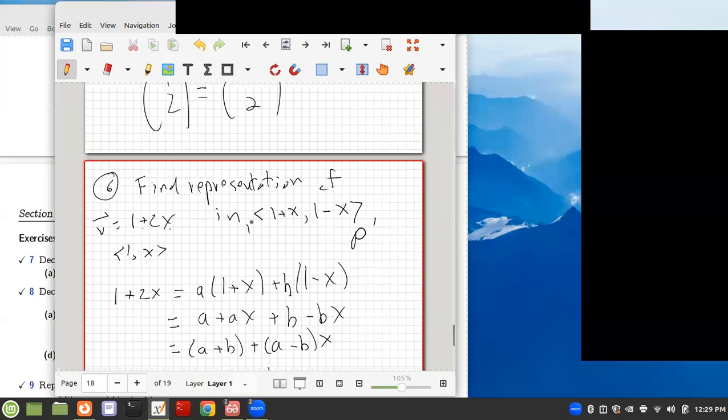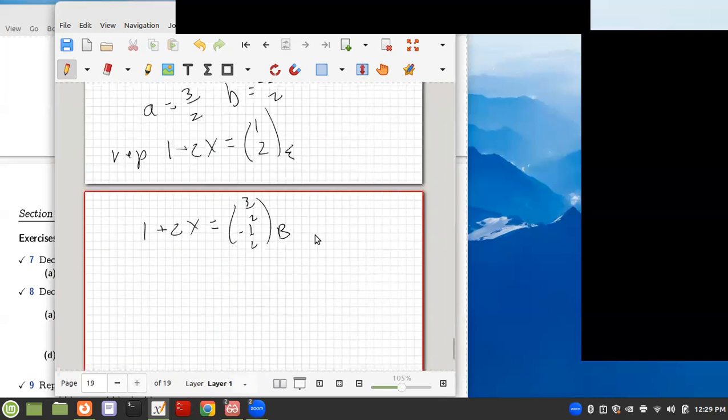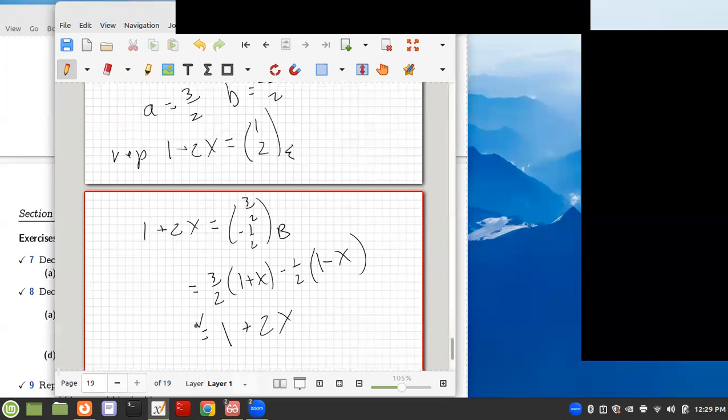What this means is 3/2 times 1 plus x minus 1/2 times 1 minus x, which equals, well, 3/2 minus 1/2 is 1, plus 3/2 x plus 1/2 x is 2x. So it works.